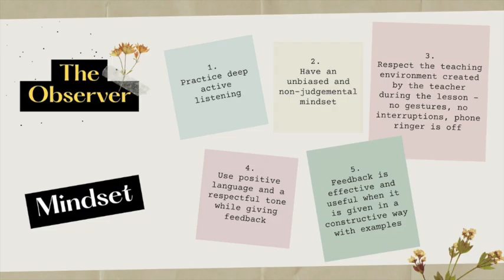So keep these two things in mind, and also use a very positive attitude and language, and be respectful when you're giving oral feedback as well as written feedback to an extent. Keep these things in mind, and you will be more successful in the way the observation process is beneficial for you as a teacher and as an observer.